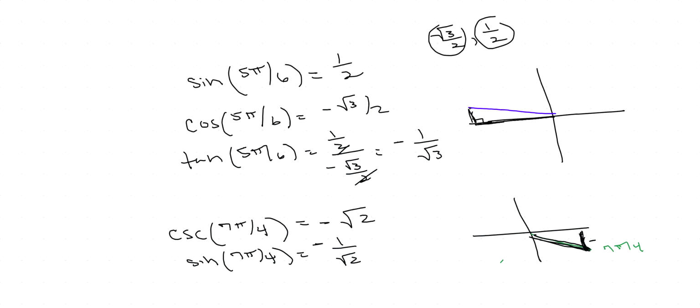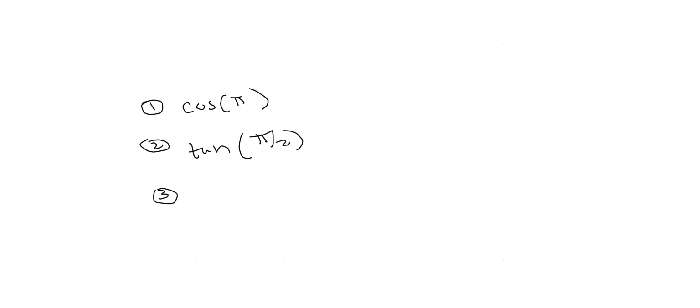So here are some practice problems. What's cosine of pi? What's tan of pi over 2? What's sine of 4 pi over 3? What's cosine of 5 pi over 3?